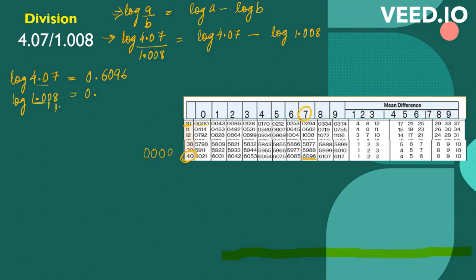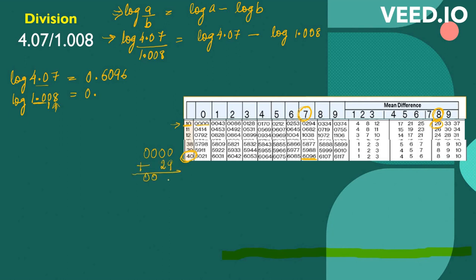Now what is our 4th digit here? The 4. What is that? 8. So where will you see? In column number 2. Row will be the same. So in column number 2, what is the value that you have? You have 29. So you are going to add here 29.